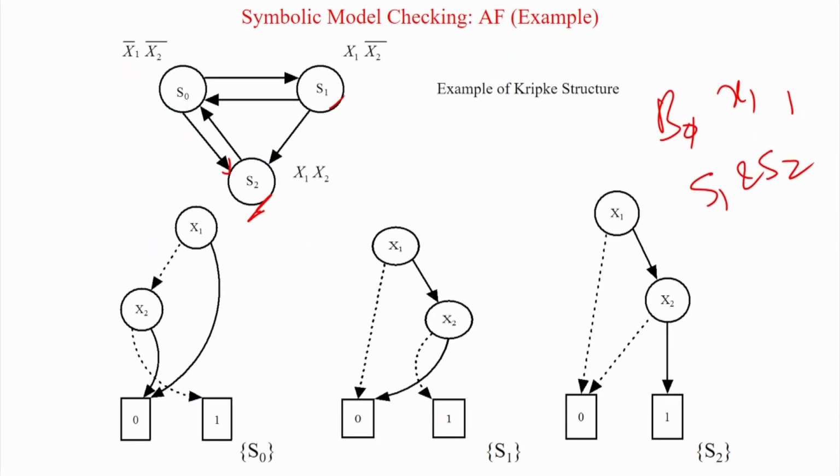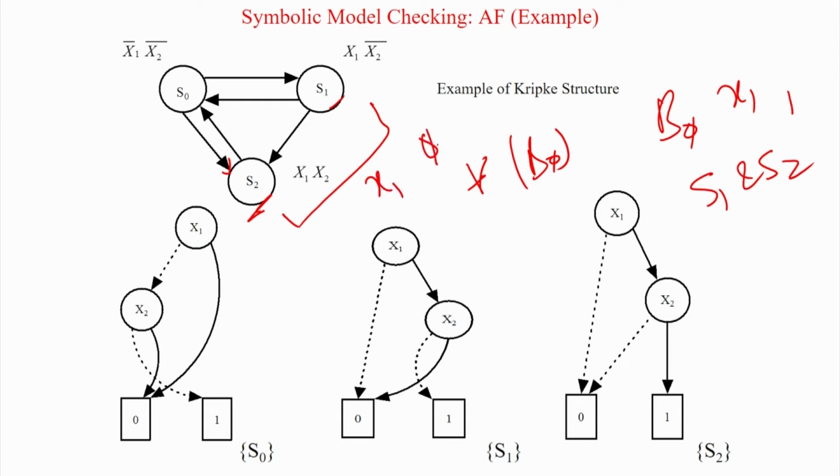That is, next we have to find out pre of all B of phi. So, in this case S1 and S2, we have to find out basically some states such that all paths from those states lead to S1 and S2. These are the two states where x1 is true, that is phi is true.